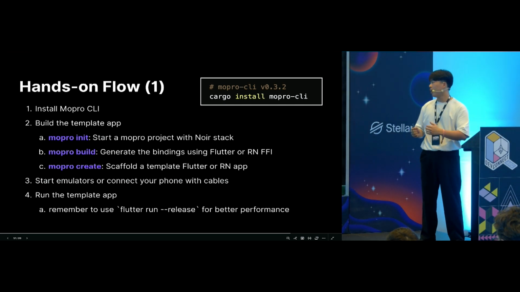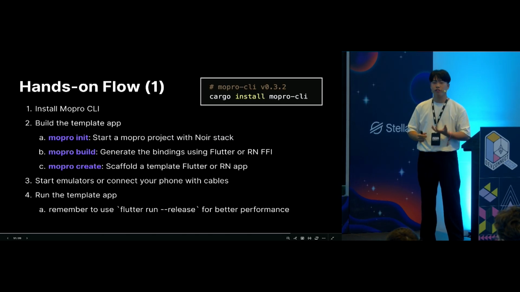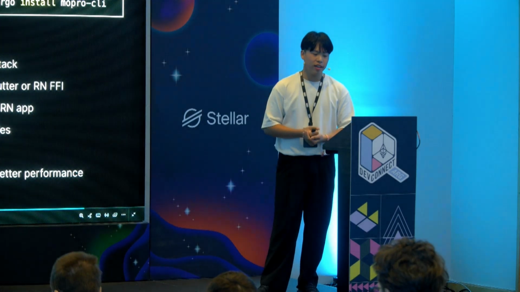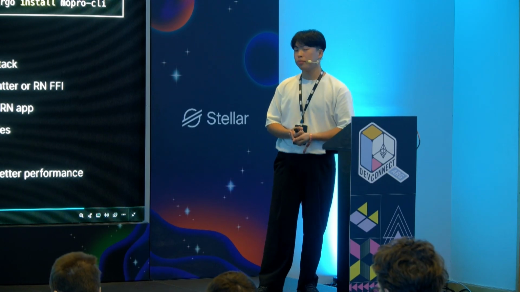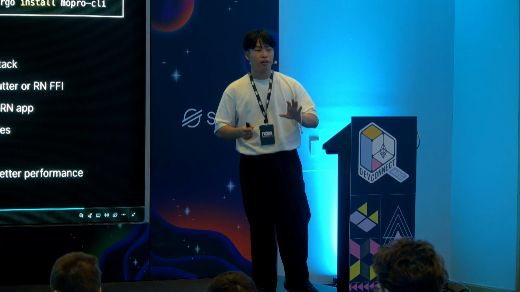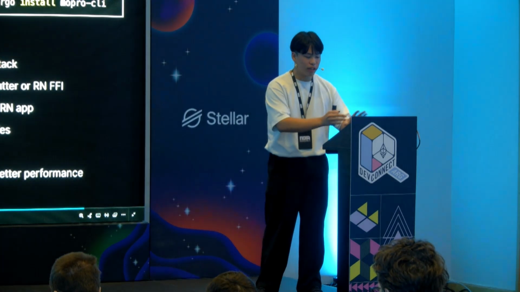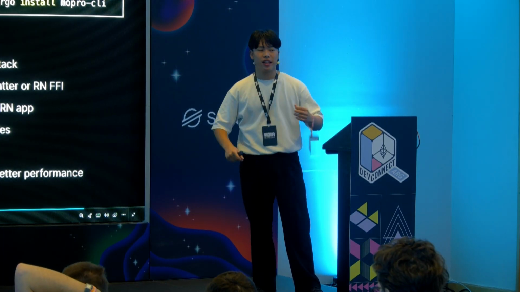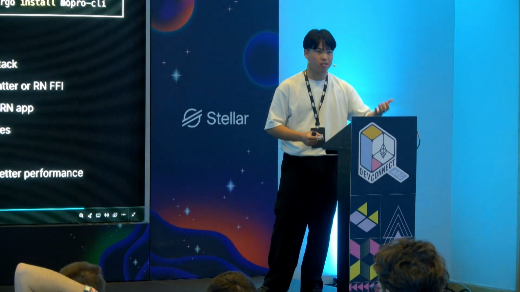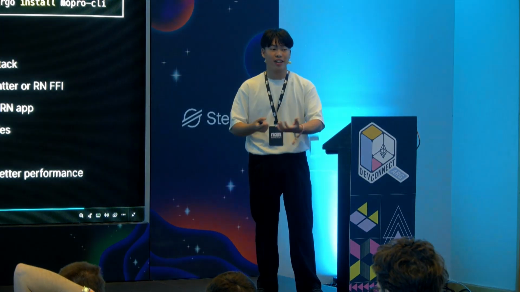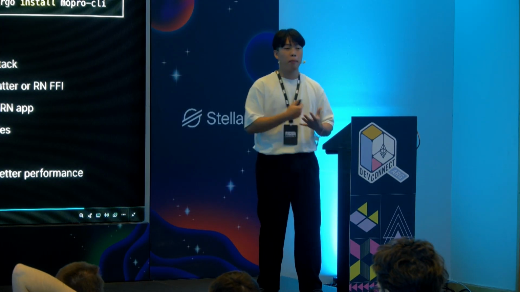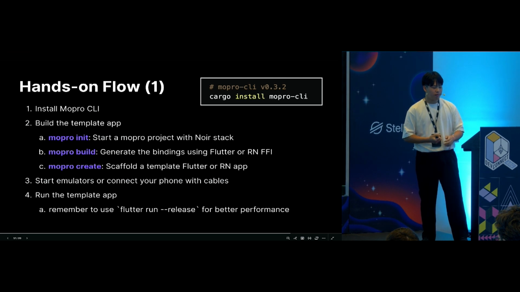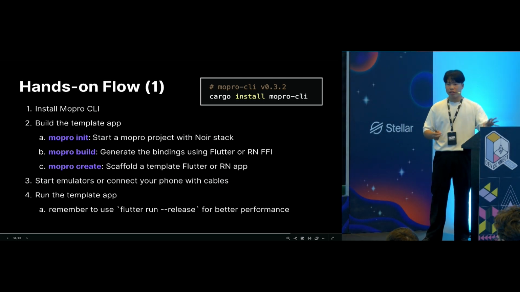Next, you can choose either Flutter or React Native when you're building FFI, and also create a template app for it. Now I think everything will be good to go if you run these three commands. Then you can plug your phone into your laptop, or just start an emulator to mimic a phone inside your laptop to run this app. And this will be the first step.